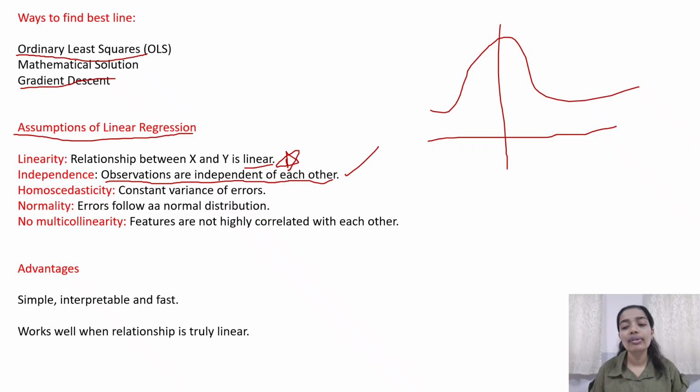They may also not be linear, but when the data set is truly linear, as soon as the value of one feature increases, the value of the other feature also increases, then linear regression works best there.